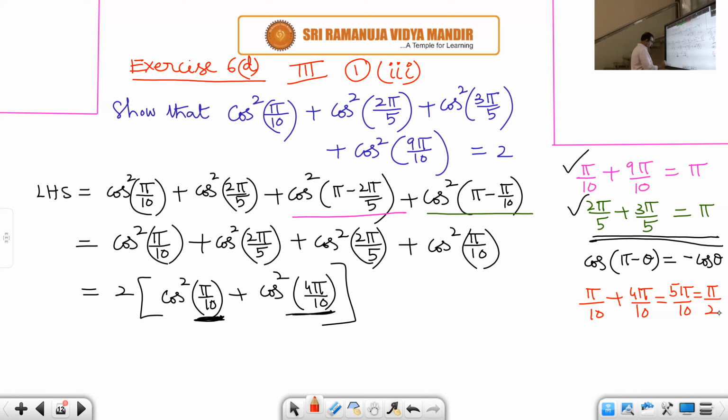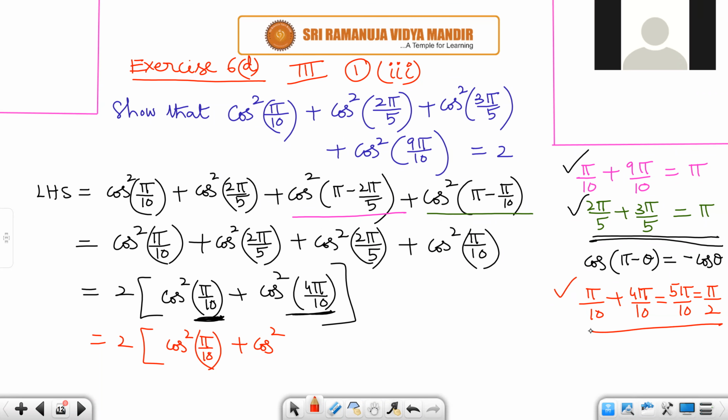So we write 2 into cos square pi by 10, but cos square 9 pi by 10, how are you going to write it from this equation? Pi by 2 minus pi by 10, sir.